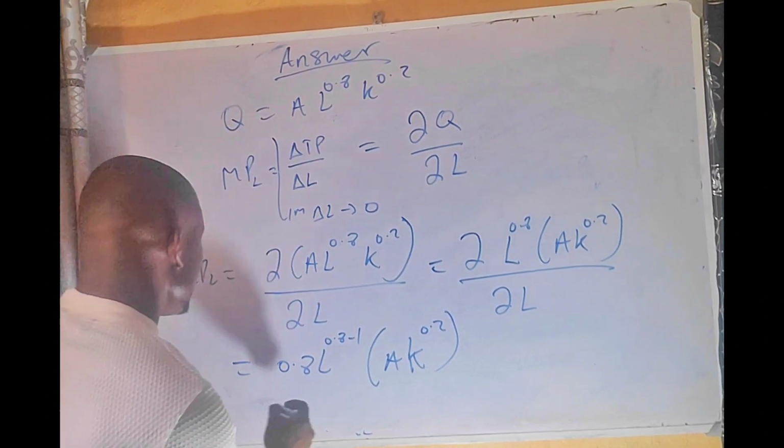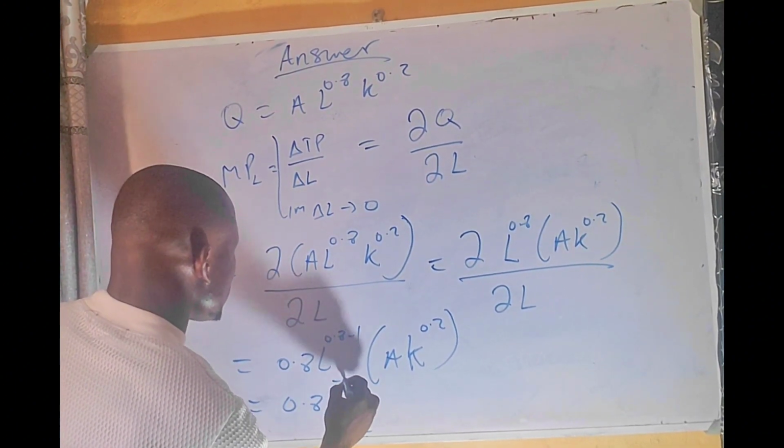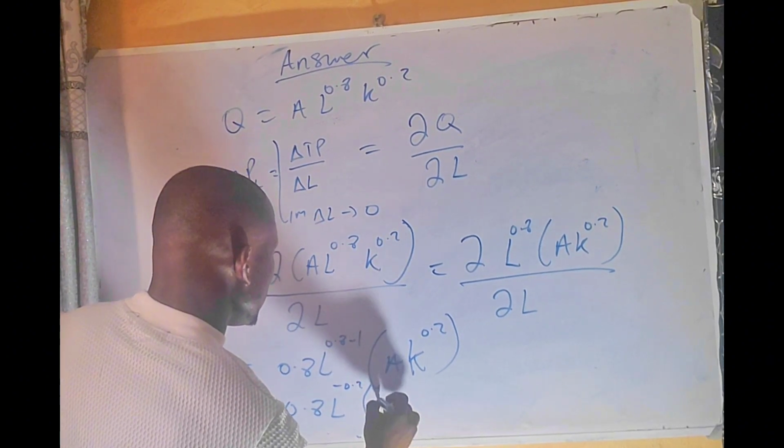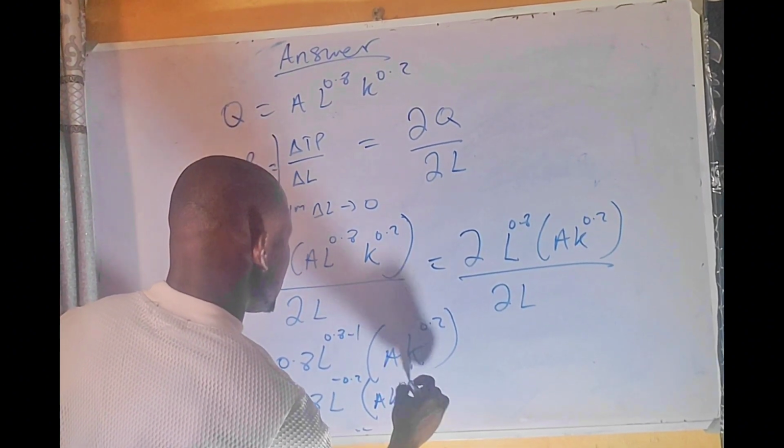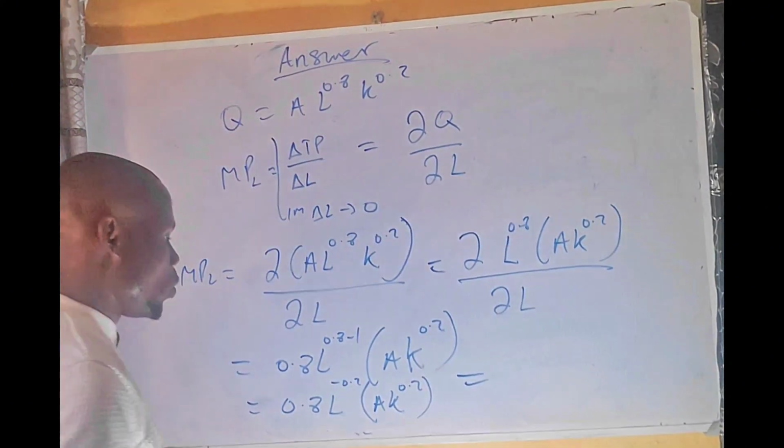This will now give you 0.8 L^(-0.2) into A K^0.2.